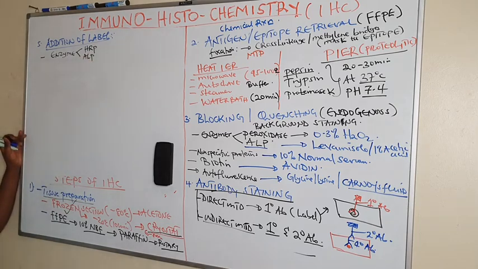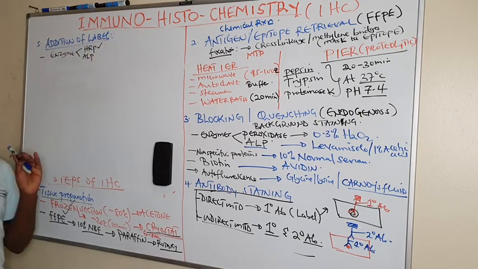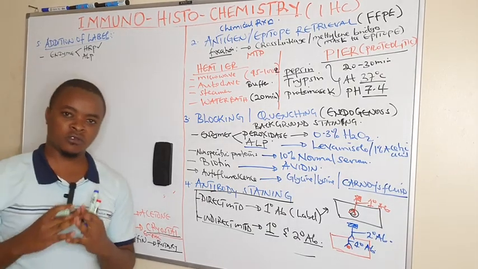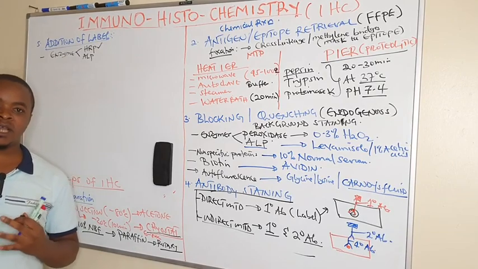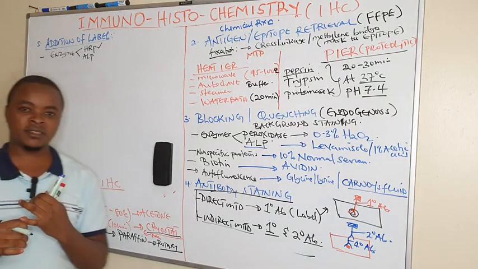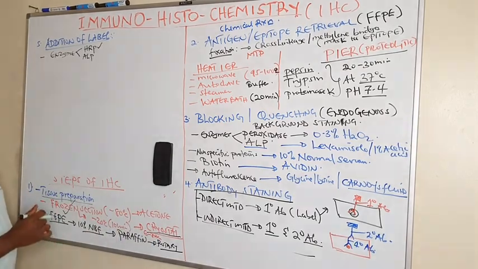But the most commonly used in immunohistochemistry is HRP, horseradish peroxidase. Why? Because it is small in size, very stable and easily obtainable. So the advantages of HRP are that it is small in size, easily obtainable, and very stable.